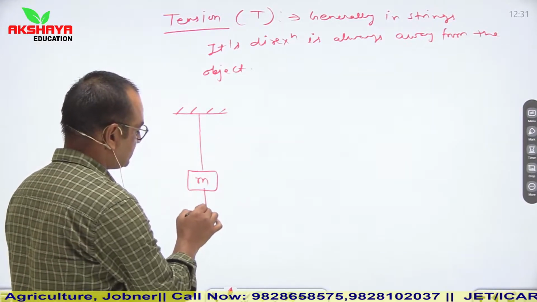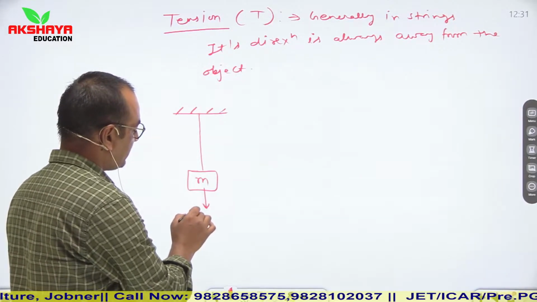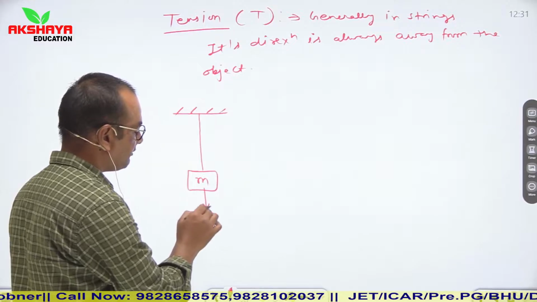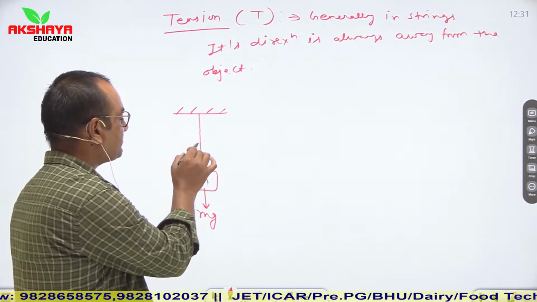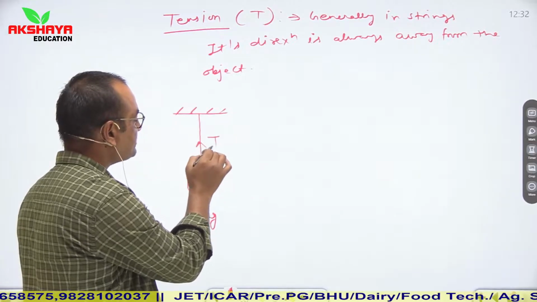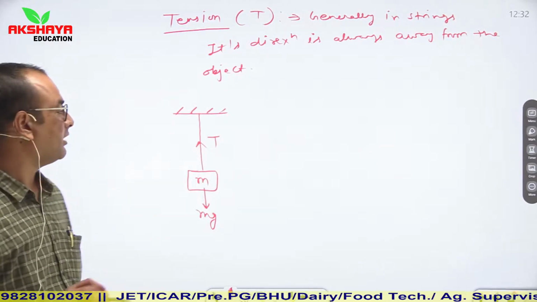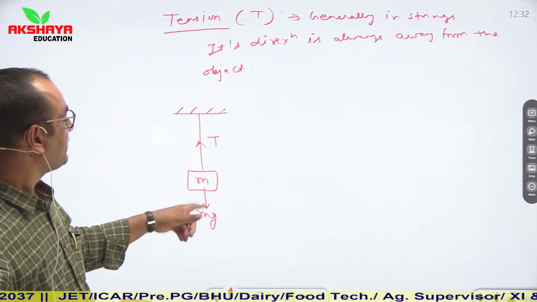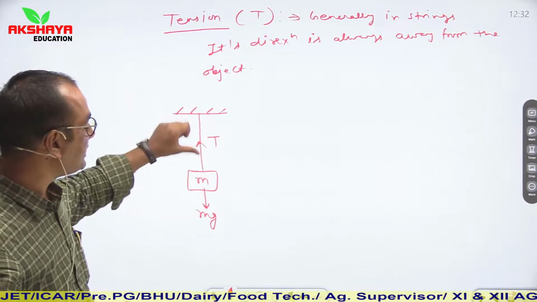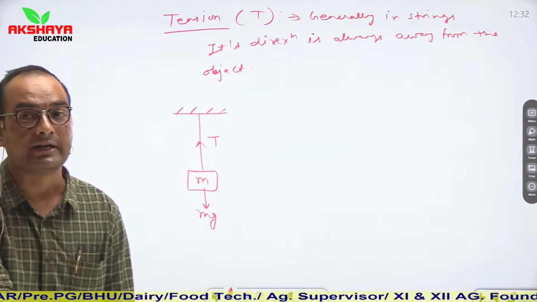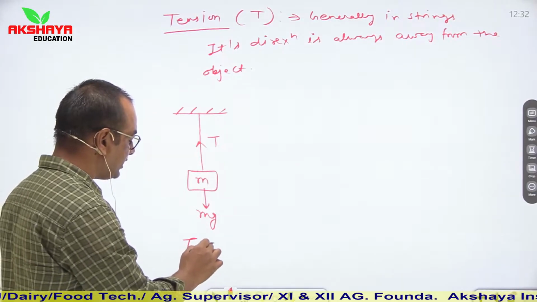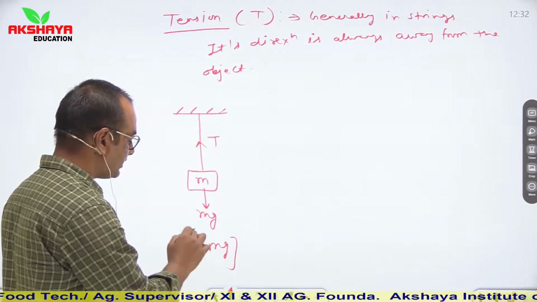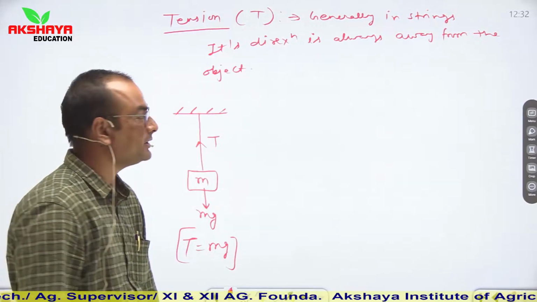Its mass m, weight mg in vertical downward direction. Direction of tension is away from the object. So here T is vertically upwards and weight mg is vertically downwards. So in balancing condition, T becomes equal to mg.